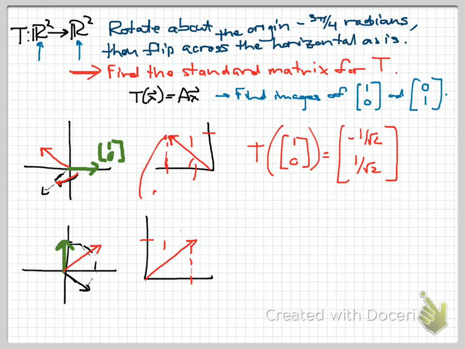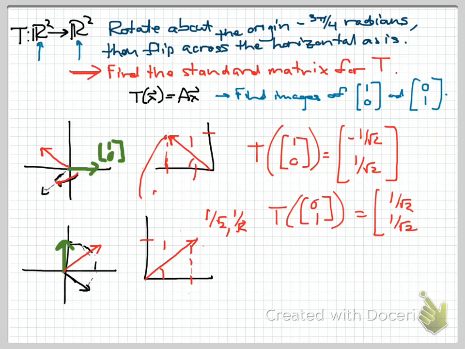Again, I have a 45, 45, 90 triangle, and so the vector I get here is going to have coordinates (1 over radical 2, 1 over radical 2). And so this tells me that T of (0, 1) is the vector (1 over square root of 2, 1 over square root of 2).